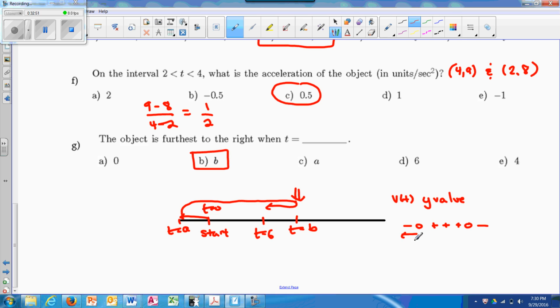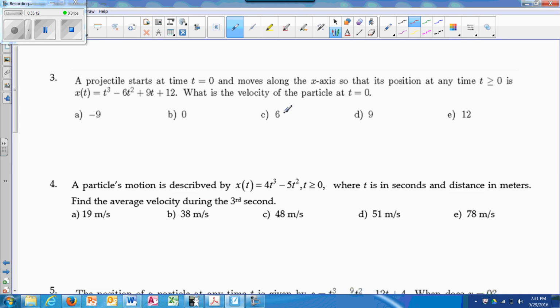Now, the acceleration, we said, were the slopes of this graph. So the acceleration, we'll do that in red, is positive, undefined because of the sharp turn, positive, undefined, and then negative. So the acceleration is positive all the way from 0 to 2.